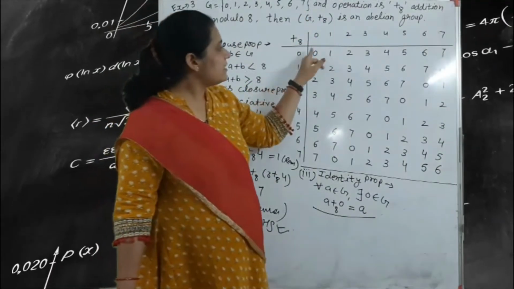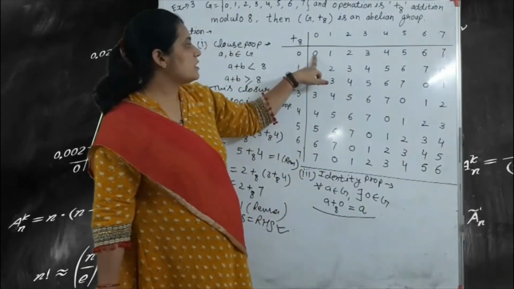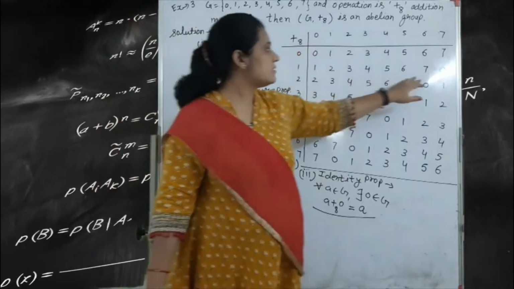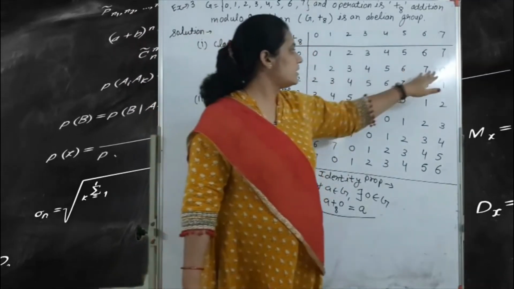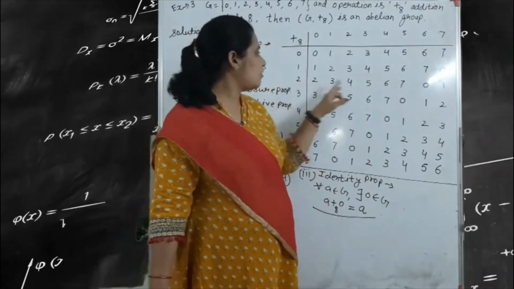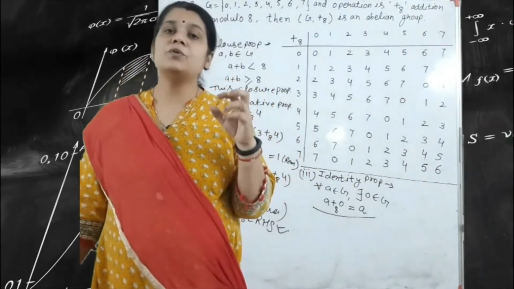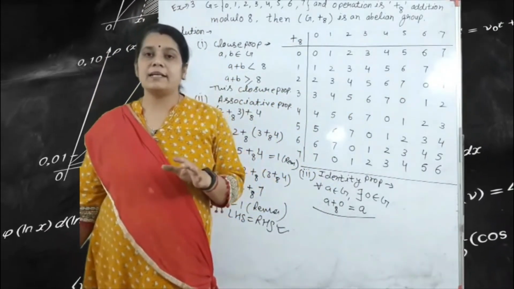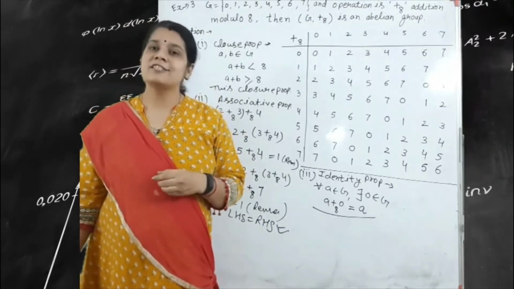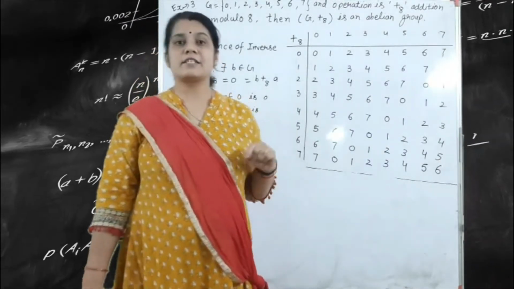So you check in every row for the 0 element. The inverse of 0 is 0. The inverse of 1 is equal to 7. The inverse of 2 is equal to 6. So in every row, you find the 0 element, and this is a very important point for finding the inverse property.